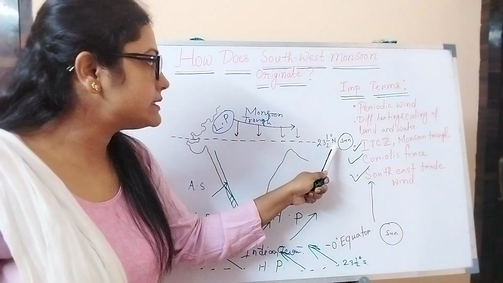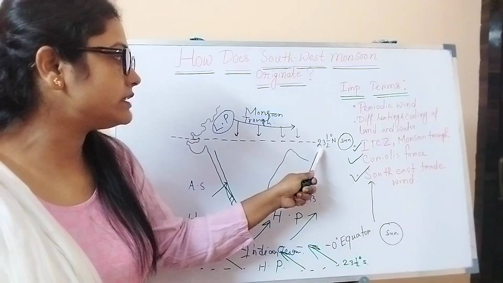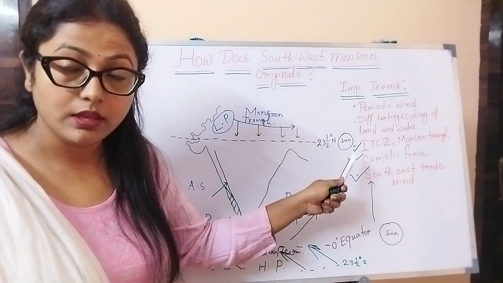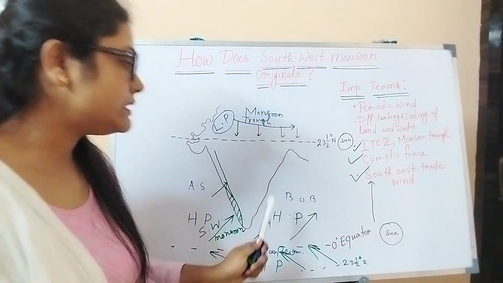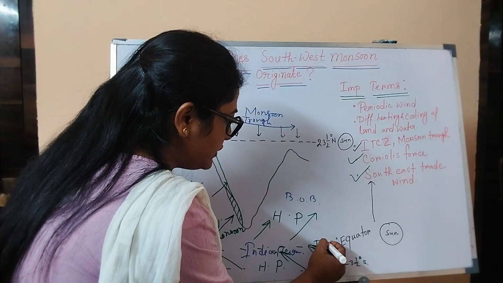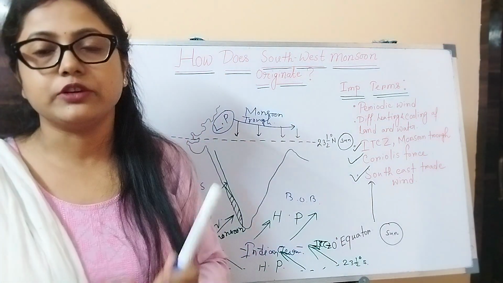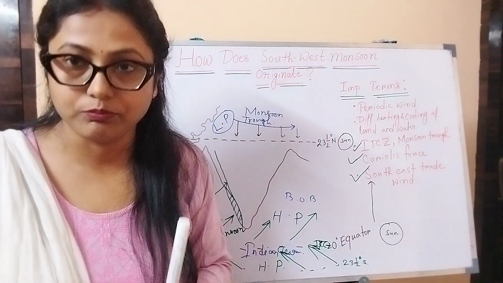That means during summer, when the sun moves towards the north and establishes itself at 23.5 degrees north, where is the ITCZ mainly situated? On the equatorial region, the intertropical convergence zone along the doldrum zone.